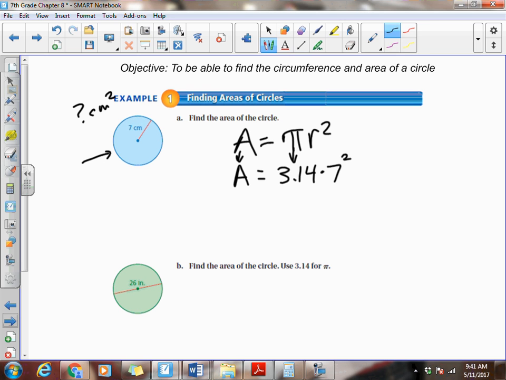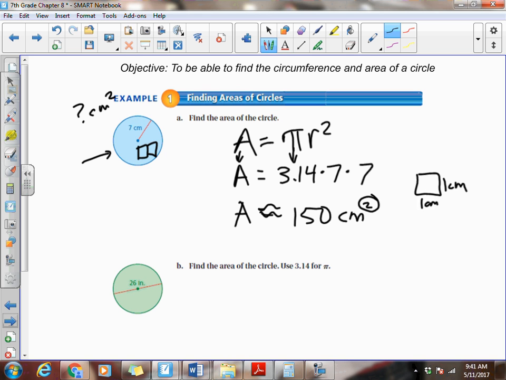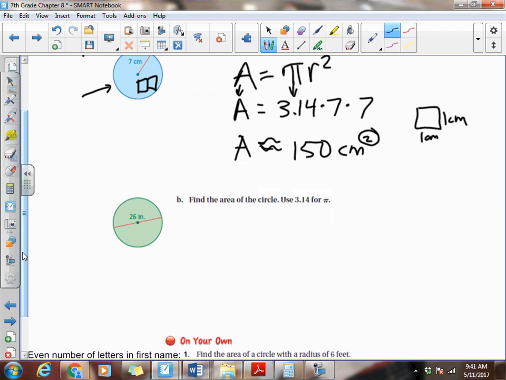So I'm going to multiply by 7 squared, or 7 times 7. Pi times 7 times 7 is going to give me close to 150. On your calculator or scratch paper, you could calculate the exact, but approximately 150 square centimeters. It is very important that you include that square because it tells us we're measuring with square units. So it takes about 150 little 1 centimeter by 1 centimeter squares to cover that circle.